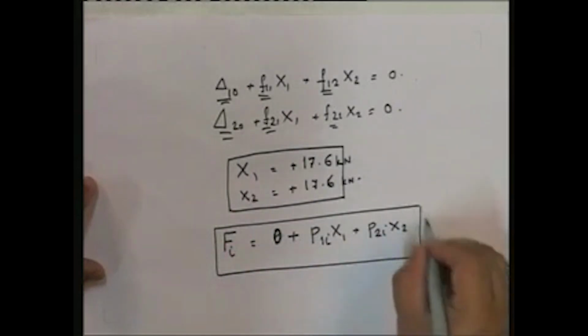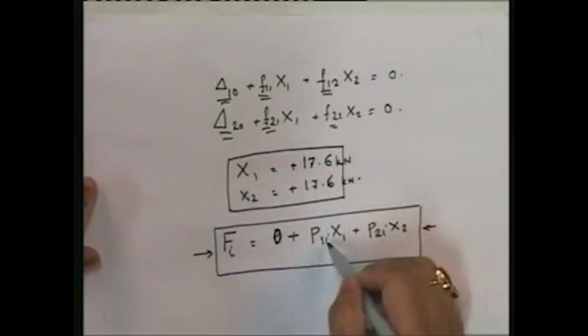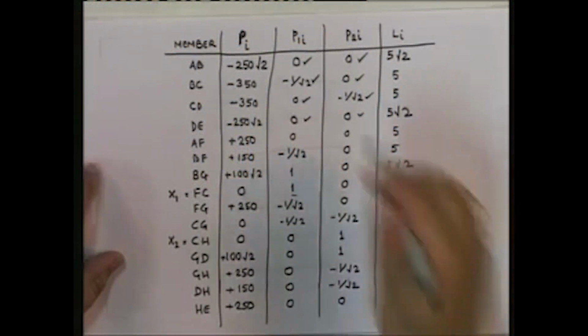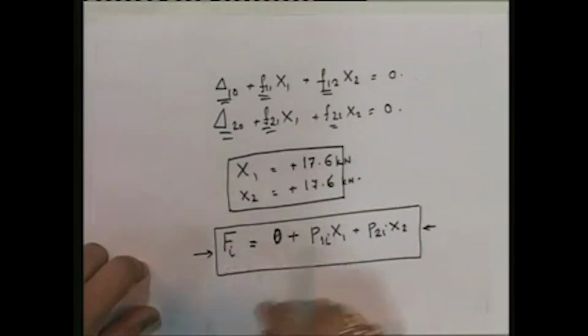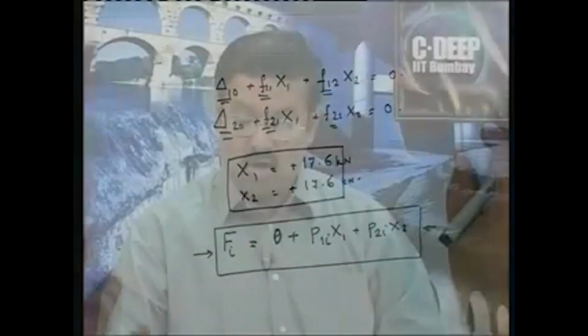So this becomes the force in all the members due to temperature, where P1I and P2I we already have, and you know x1 and x2, and you can obtain the forces. So this, in a sense, is the forces that you find out in your truss for temperature.